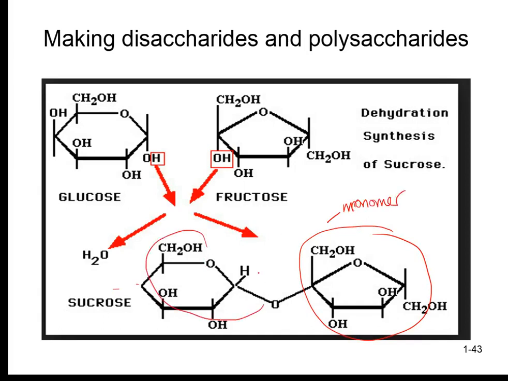This one is also the second monomer. So the disaccharide is a dimer. A dimer has two monomers, while a polymer has so many monomers.